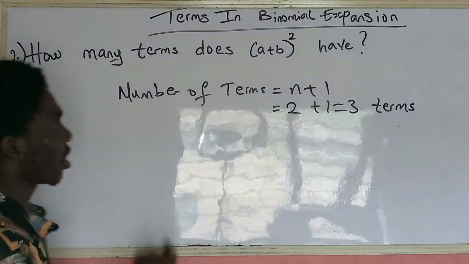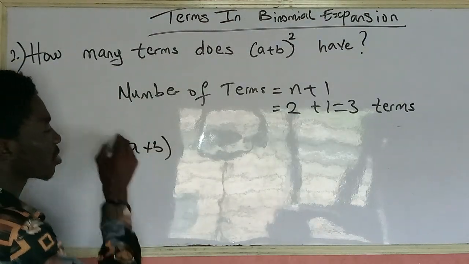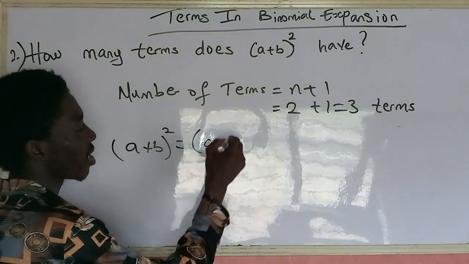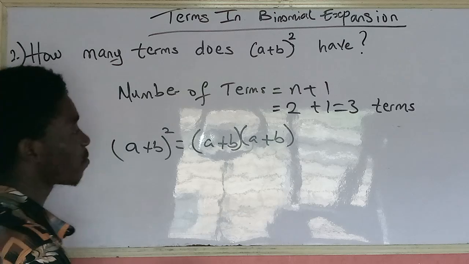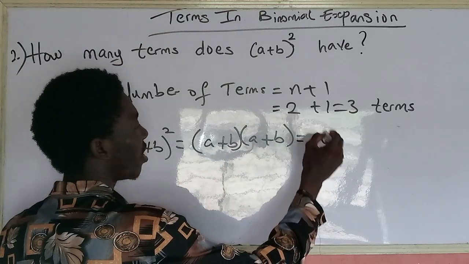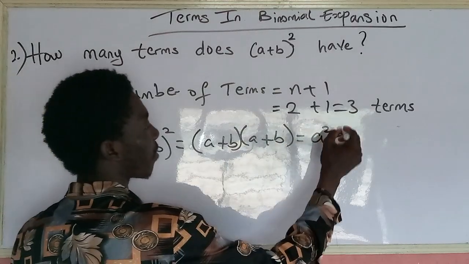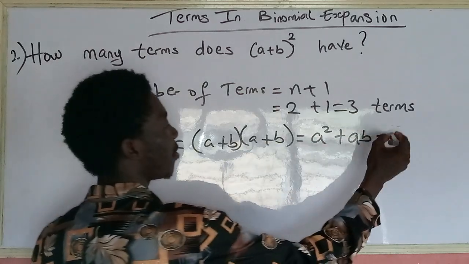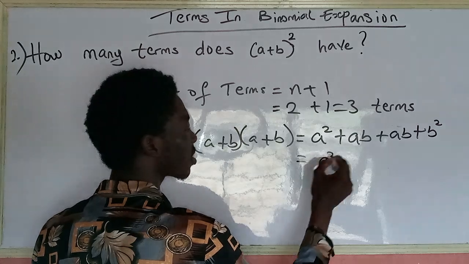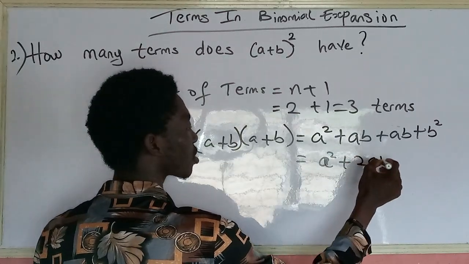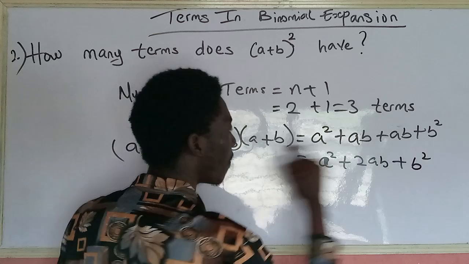But let's take it out. We have (a + b)^2, which is (a + b) times (a + b). Expanding this, you have a squared plus ab plus ab plus b squared. This gives us a squared plus 2ab plus b squared.